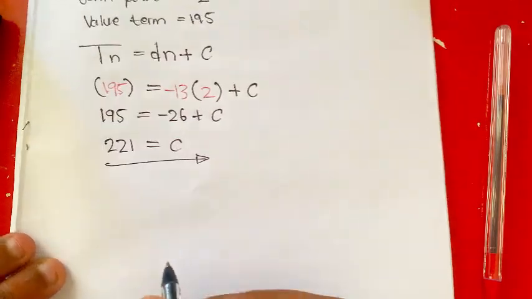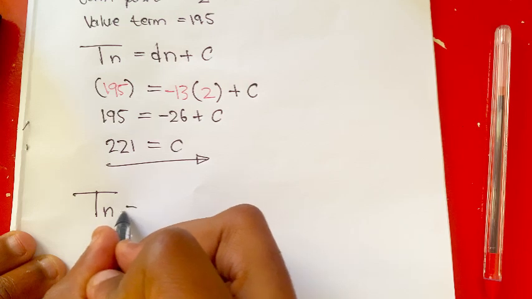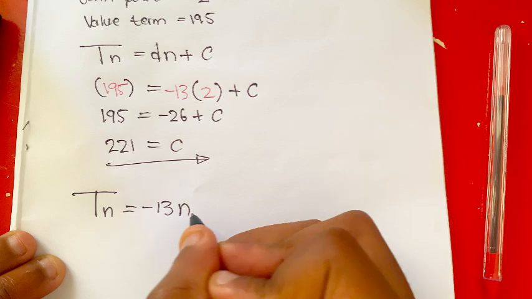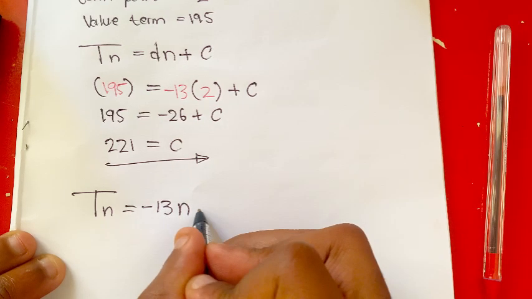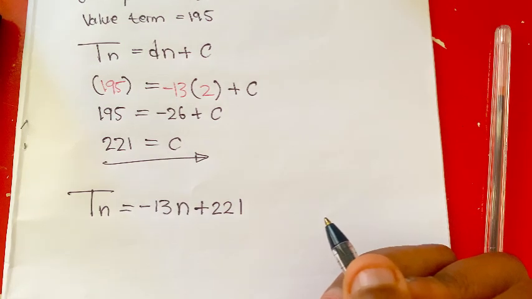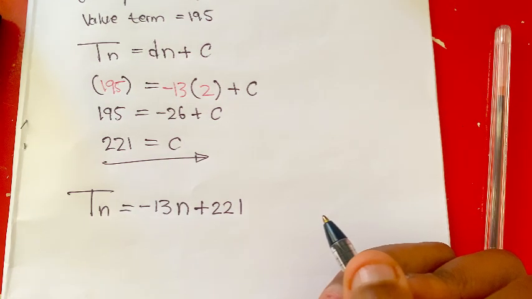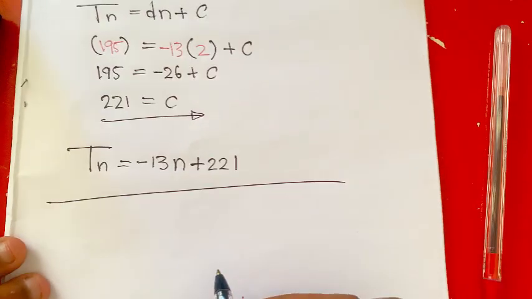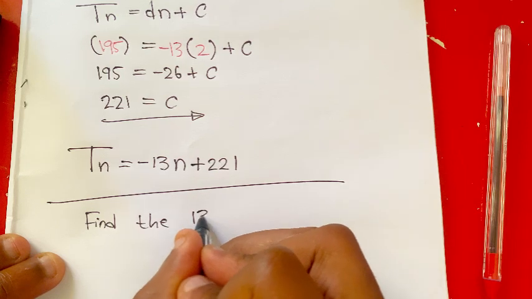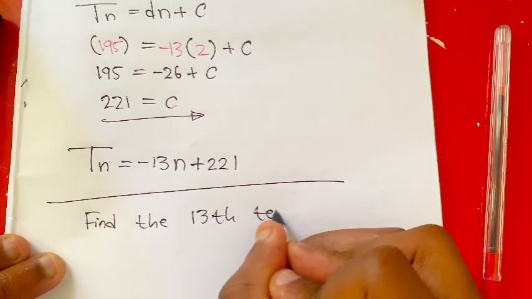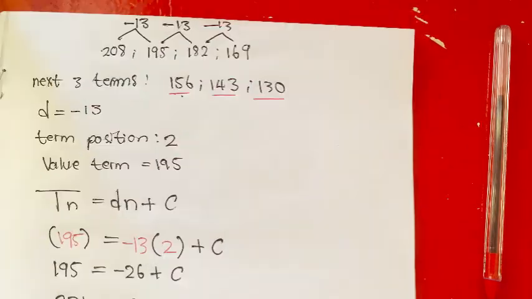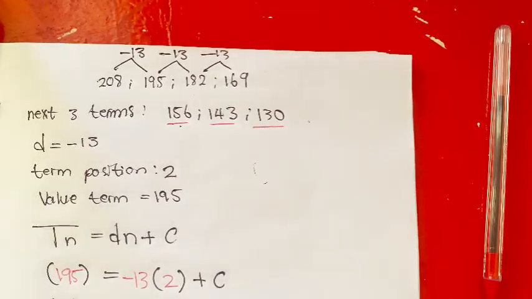So by finding this, it means that Tn is equal to the difference multiplied by the term position plus 221. And this is your equation. So if you are asked to find the 13th term, it will be very long and straining to do this 13 times.